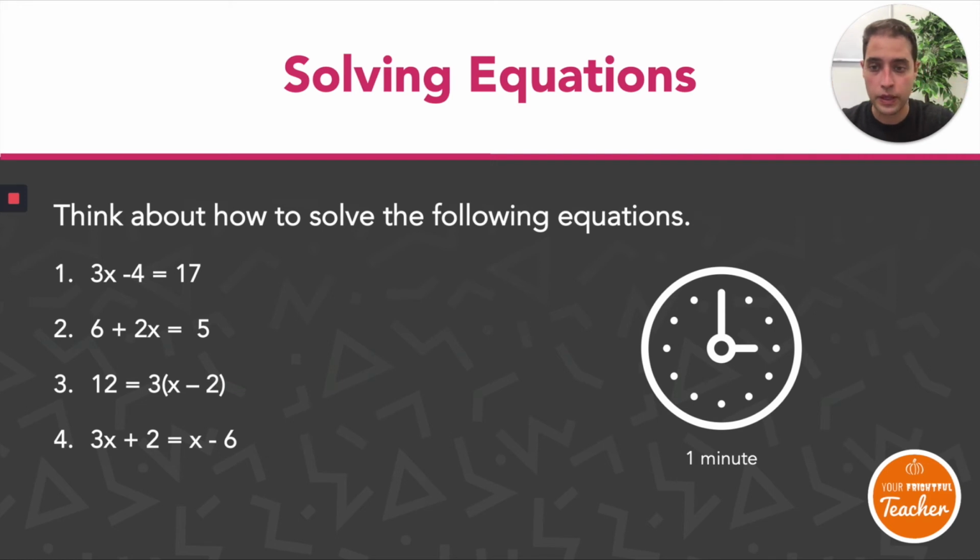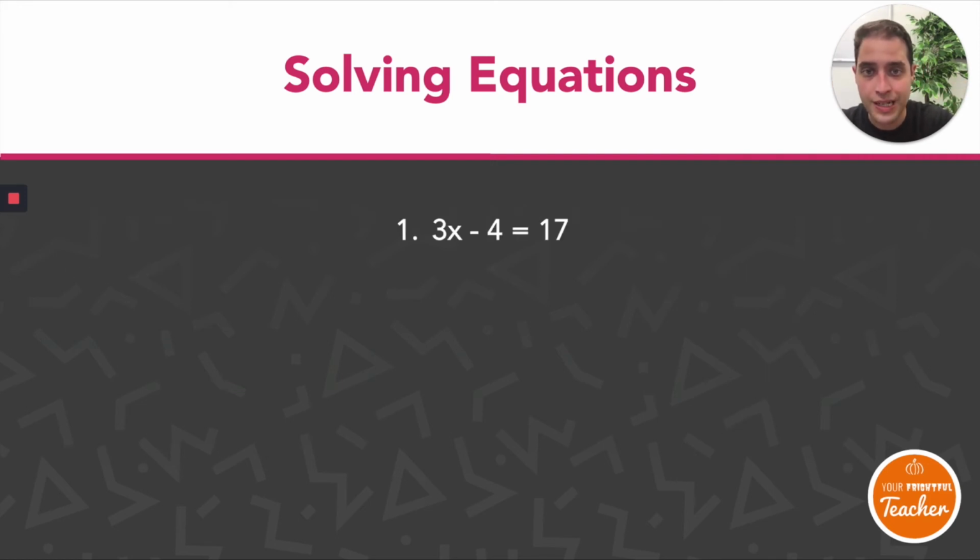Okay, let's crack on. So let's take question 1. We have the equation of 3x minus 4 equals 17. The first thing we should be doing is seeing how we can remove as much as we can, so we just get down to the x and the value. We can do that by adding 4 here.